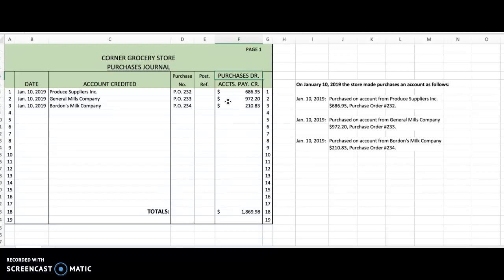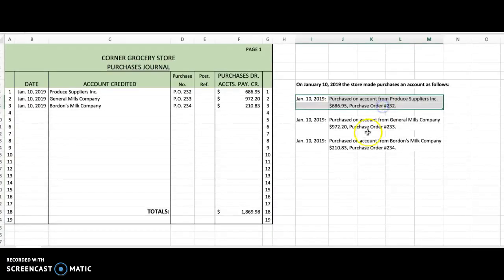It's just the way it is. So when you see DR, in this case, it means debit. So the heading is purchases debit and accounts payable credit. So whatever's in this column will be put into two different general ledger accounts, the purchases account and the accounts payable account.